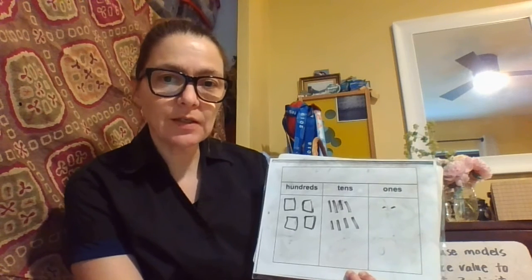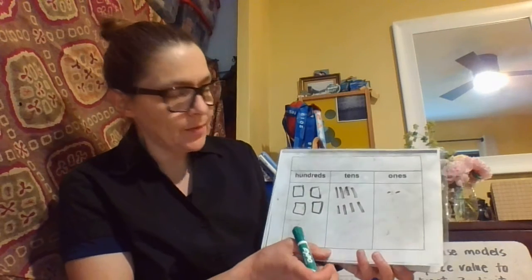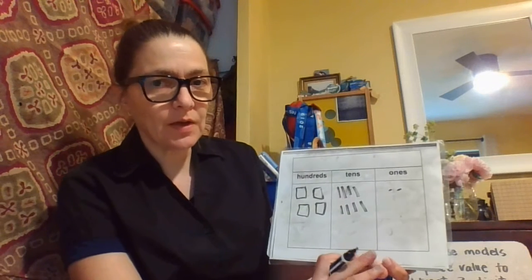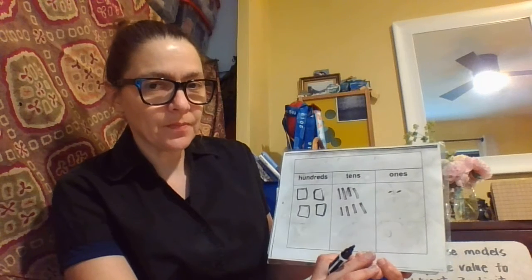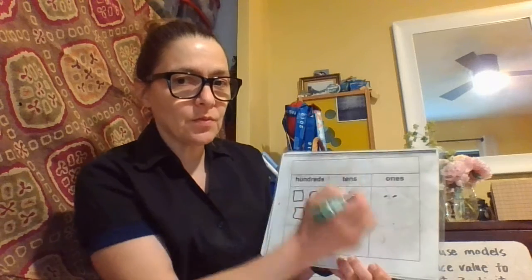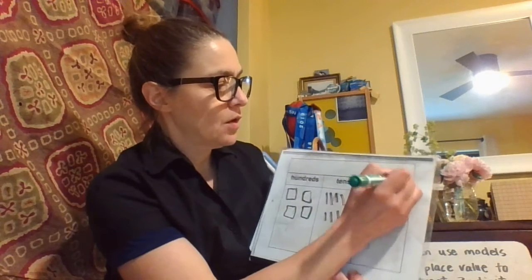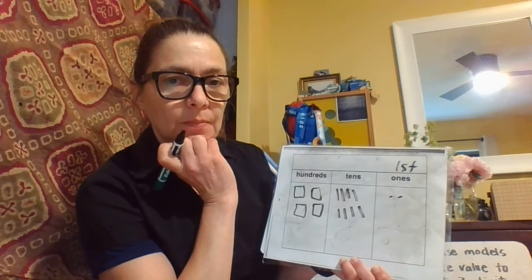And that's 482, and we are subtracting 127. Now think about which one you're going to use first, and which one I have told you throughout the school year to use first. You're always going to start on the ones when you do it with the place value chart. So this is the column you start with first, the ones column.